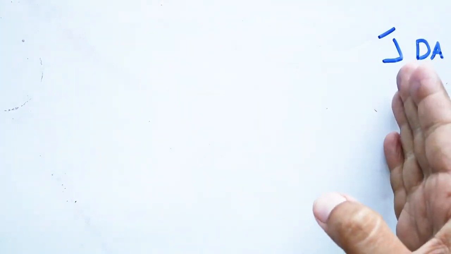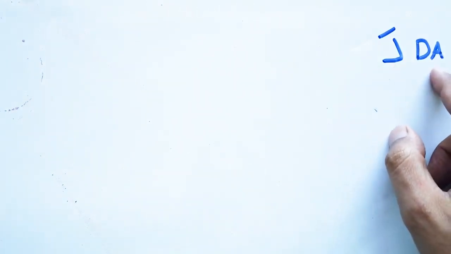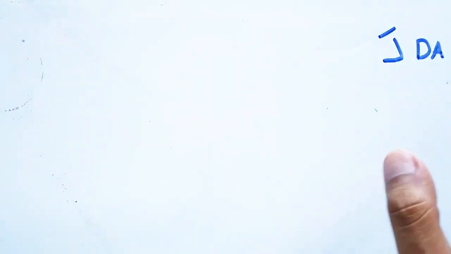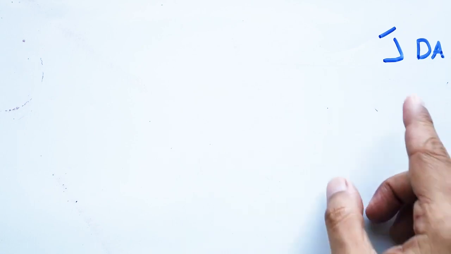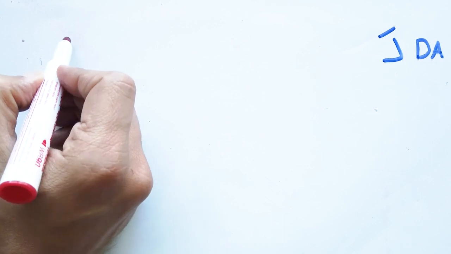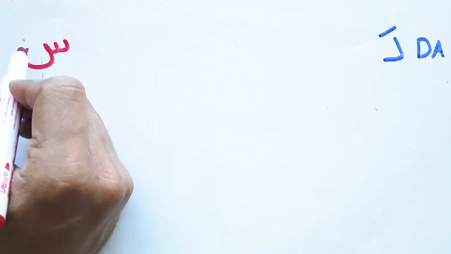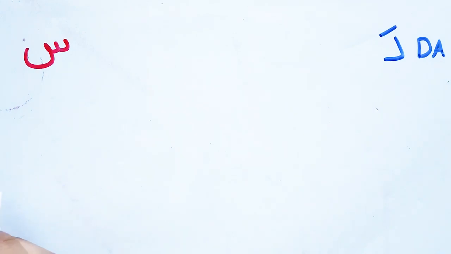What does it mean? It means it just gets connected from the right side. We're gonna see now. And it never ever gets connected from the left side. Okay? Regular letters, for example, we have that one. I'm gonna write it here in this part, which sounds like S, okay?